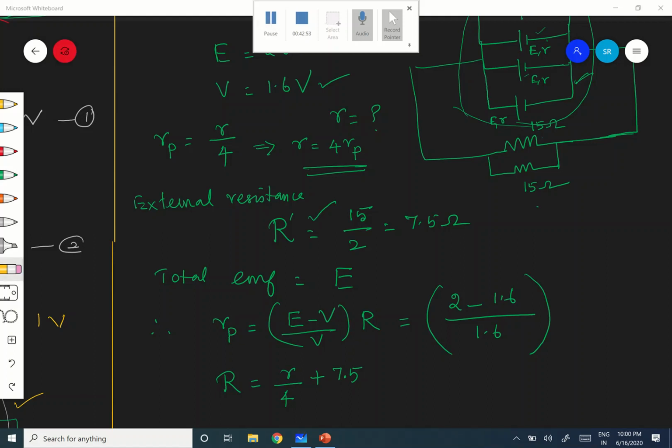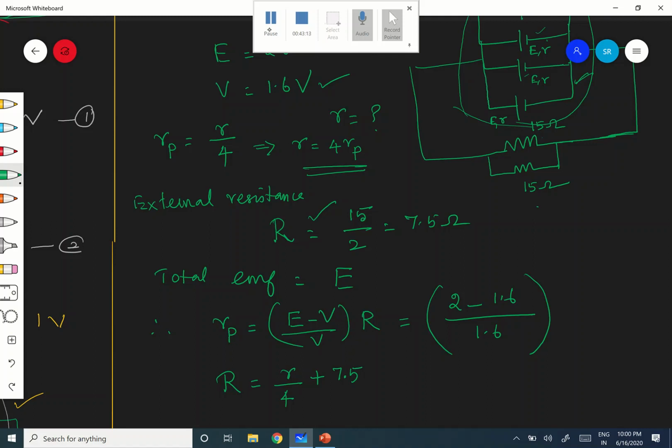One second, there is a problem in recording. R is equal to 15 by 2, that's correct only.